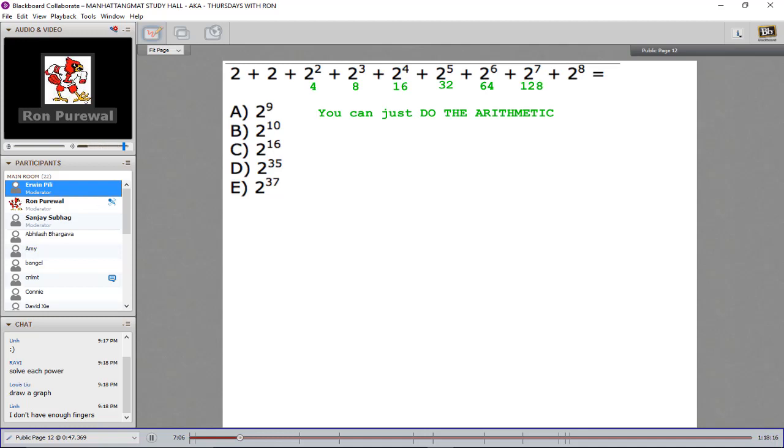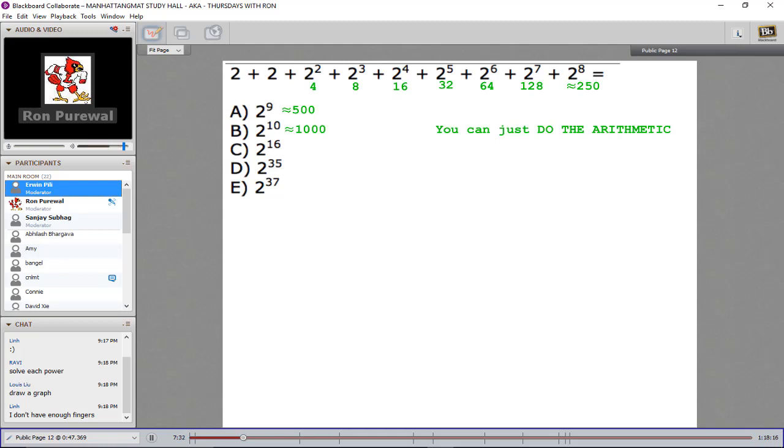But 128 is pretty close to 125. So 2 times that is really close to 250. And then 2 to the 9th is another 2 times approximately 250. 2 to the 10th is about 1,000.